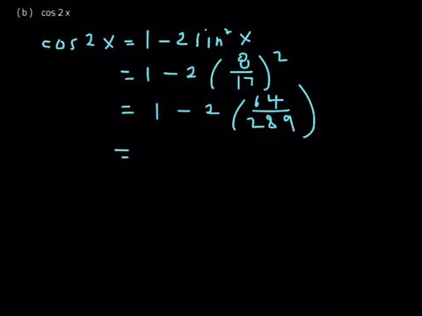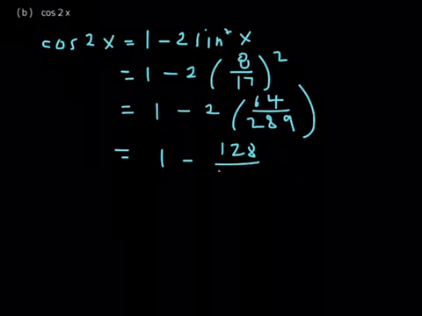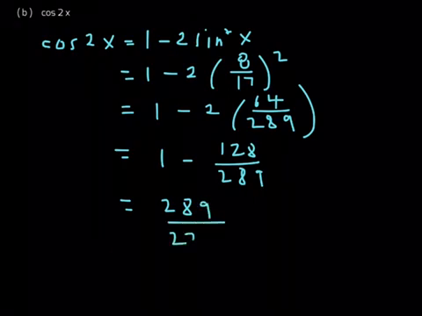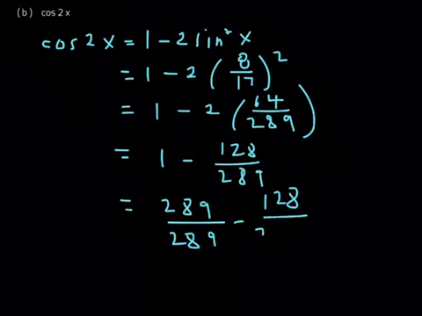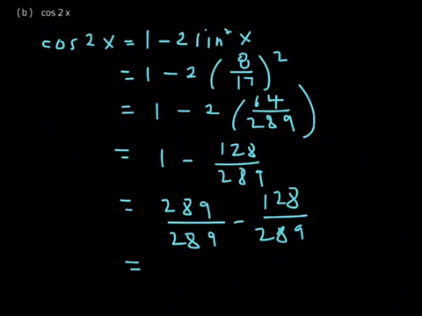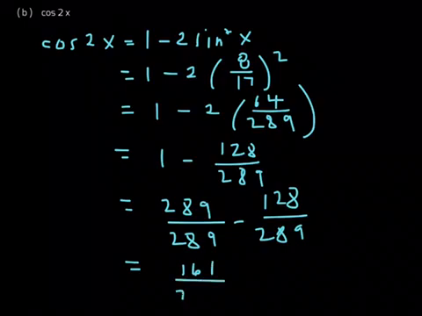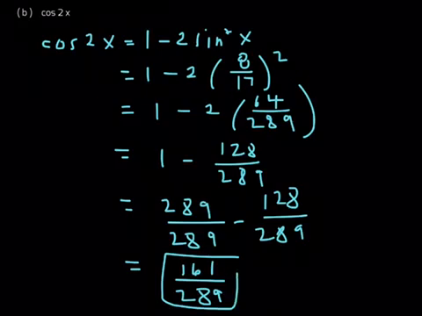Which turns out to be 1 minus 128/289, which is the same thing as 289/289 minus 128/289, right? A lot of arithmetic here. So I believe what we get here is 161/289. And that's what cosine of 2x is equal to.